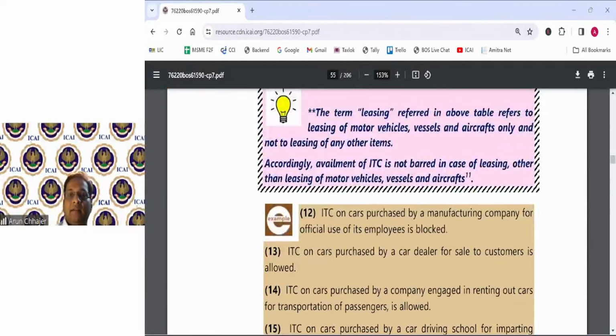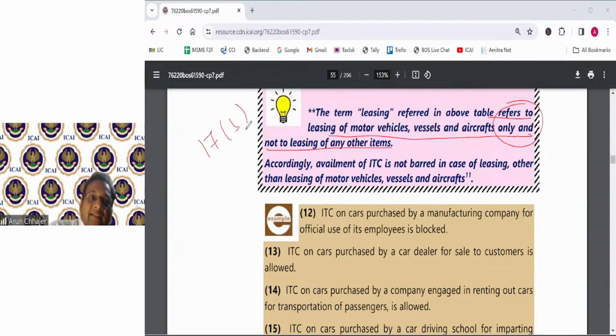The term leasing referred to in the table above refers to leasing of the motor vehicle, vessel, and aircraft only, not leasing of any other item. So this doubt was raised. If you read 17.5b, it is saying leasing, comma, renting or hiring.